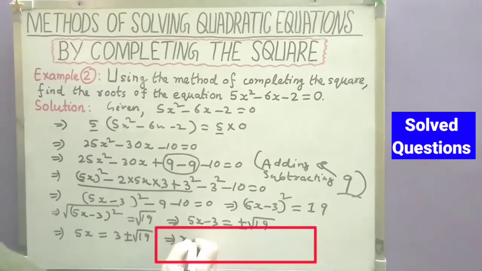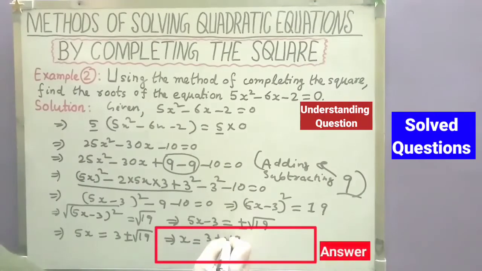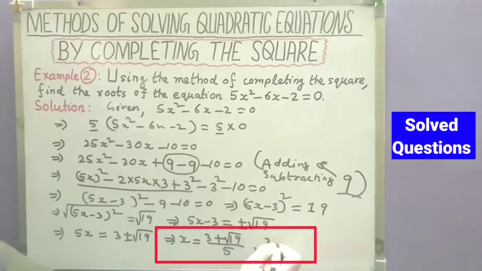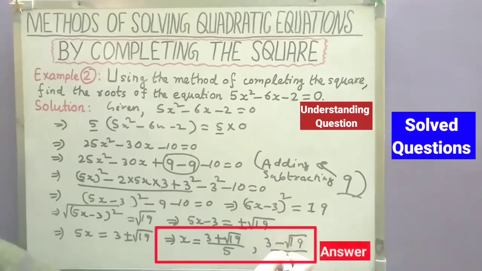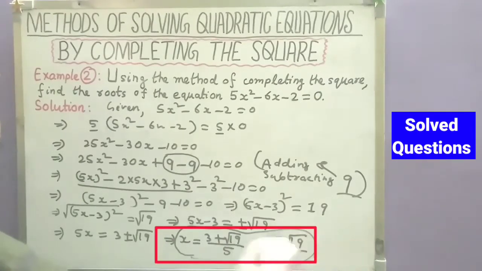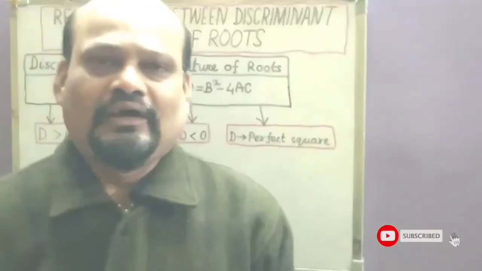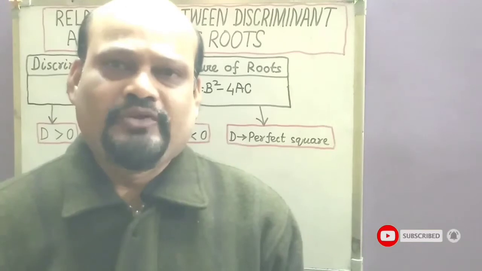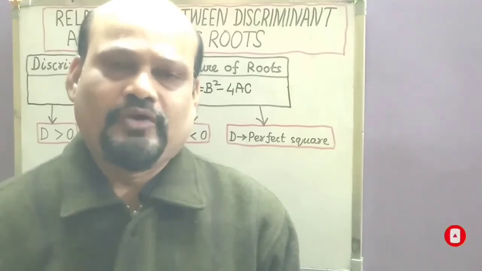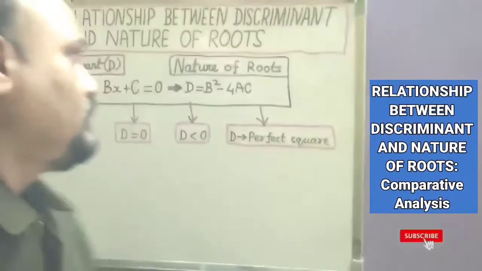That implies that x equal to (3 plus square root of 19) upon 5, or (3 minus square root of 19) upon 5. Hence, we obtain these two values of x. That's the answer.